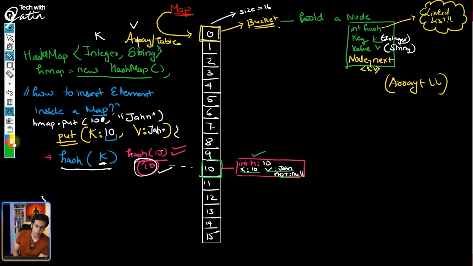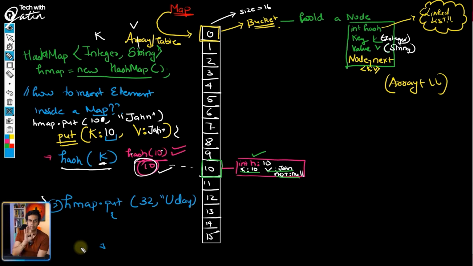Now, let's say we have added this node into the map. Now, I want to add another key value. Let's use a different color. Blue color. I'm going to say HMap.put 32, comma, Uday.